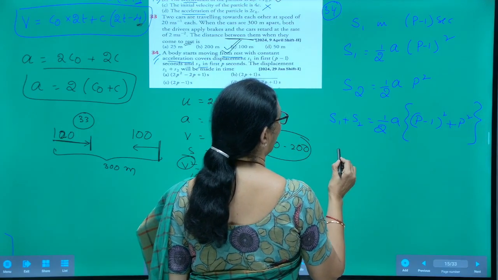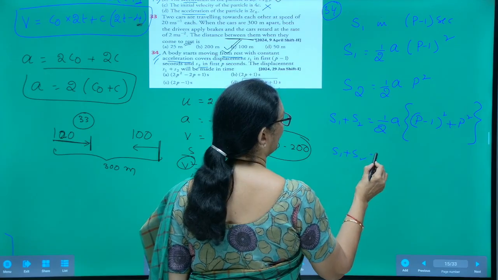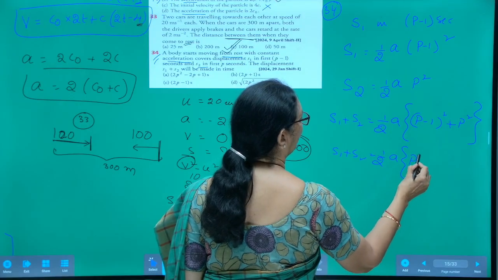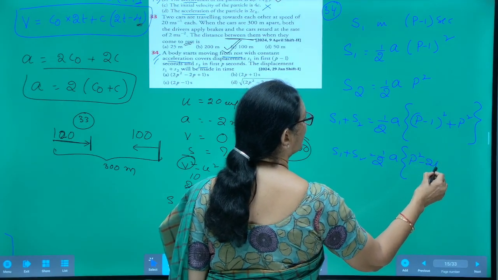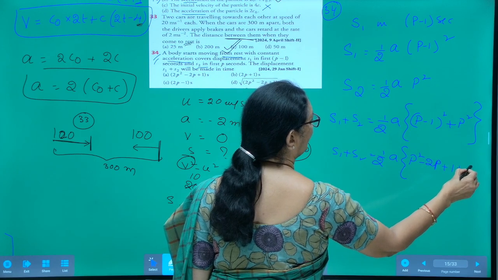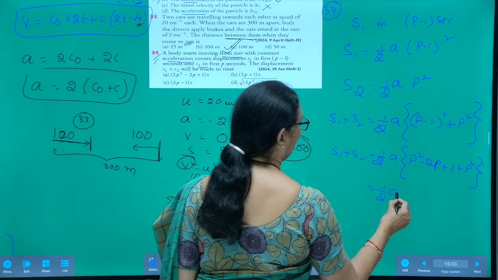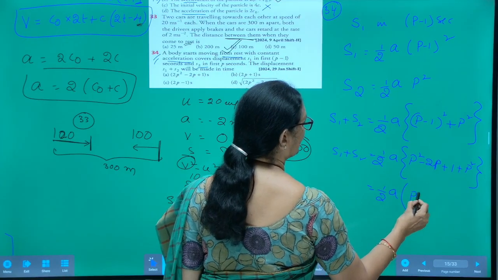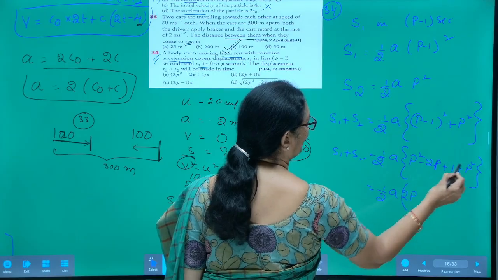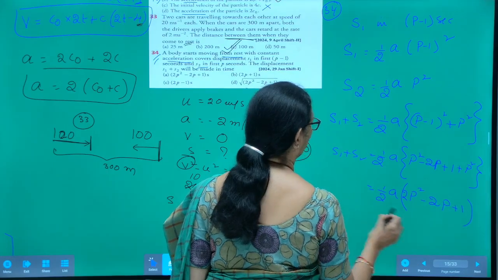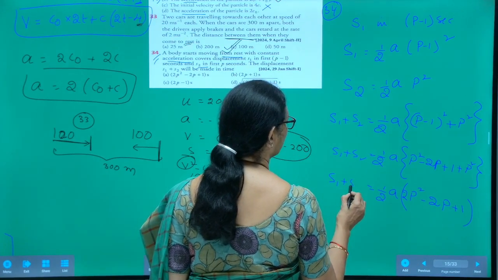So S1 plus S2 is equal to half A times p square minus 2p plus 1 plus p square. This is half A times 2p square minus 2p plus 1. This is S1 plus S2.